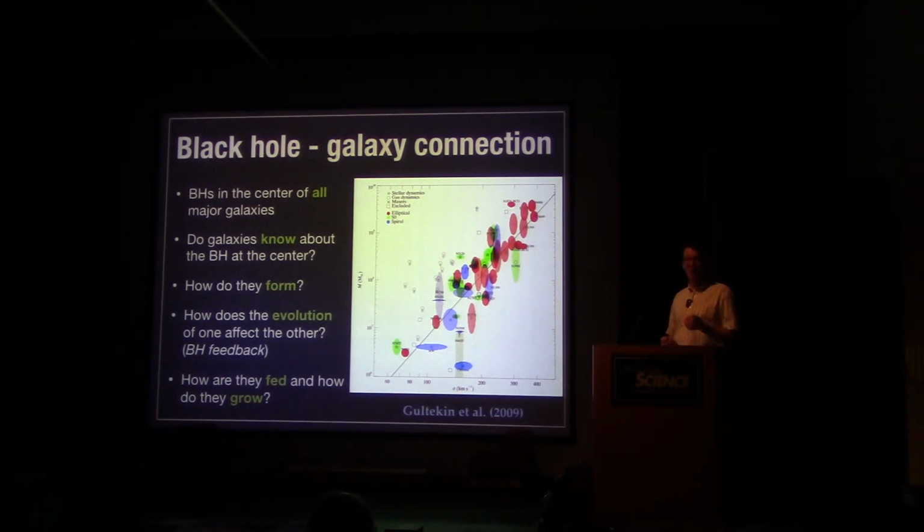Right? And this is actually remarkable, because the black holes themselves are, say, 10 to the 9, a billion, times the mass of the sun. But the number of stars in the galaxy is many, many times larger than that, right? The mass of the black hole is something like 0.1% of the mass of the galaxy.